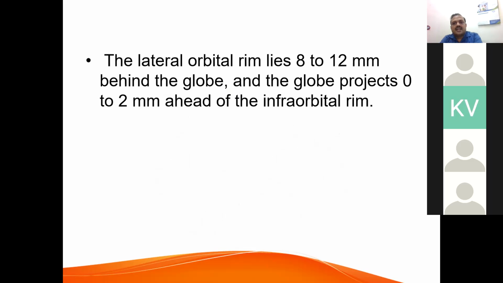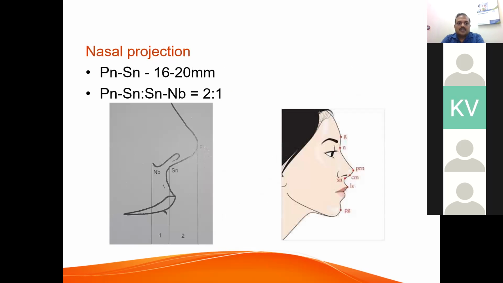The lateral rim is 8 to 12 millimeter behind the globe, and the infraorbital rim is 2 millimeter behind the globe. For the nose projection, the ratio of pronasal to subnasal and subnasal to the alar base should ideally be 2:1. If the subnasal to the nasal base distance is more, then the maxilla is more deficient. So the maxilla is well behind, and it needs advancement of the nose.